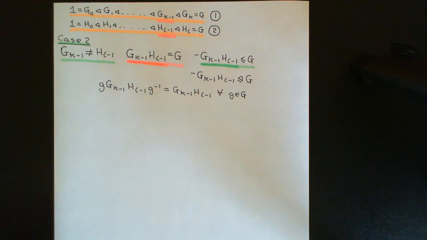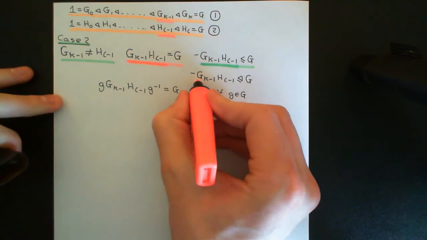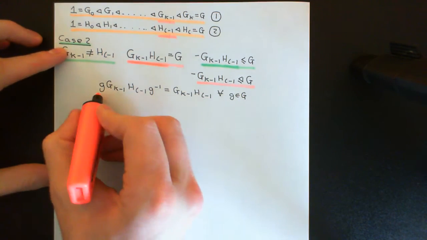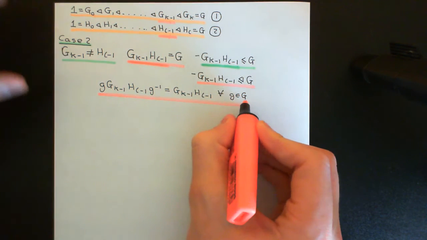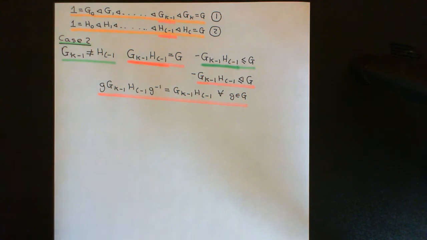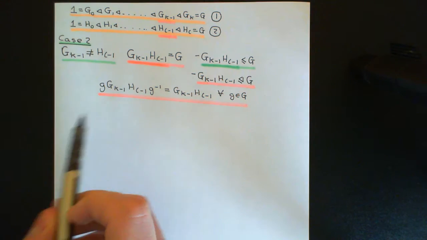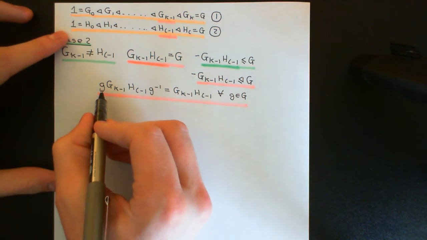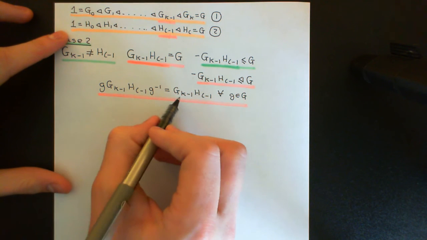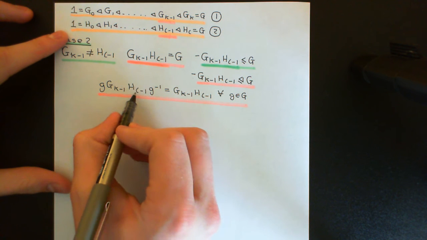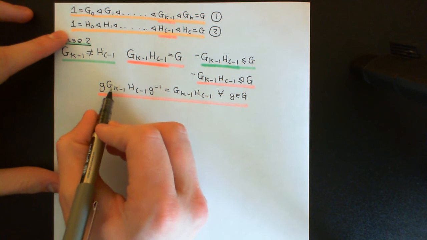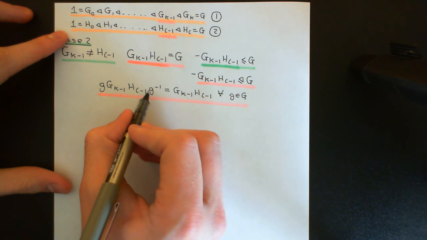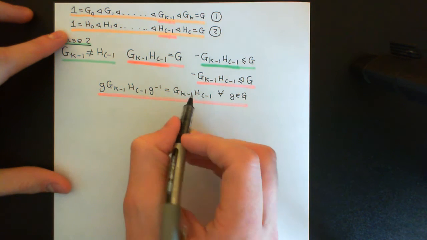Okay, so this is what I need to show in order to conclude that this is indeed a normal subgroup of capital G. Now remember I'm working in the finite case here, so proving this is quite easy. Because in the finite case, all you actually need to show is that whenever I take an element from this subgroup, when conjugated by little g, it's going to end up back within the subgroup.